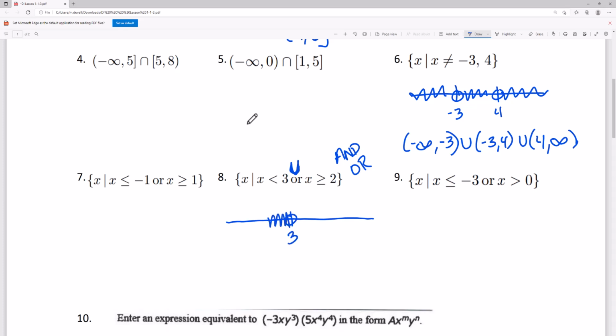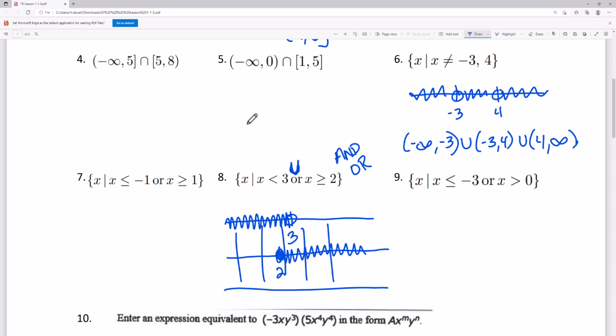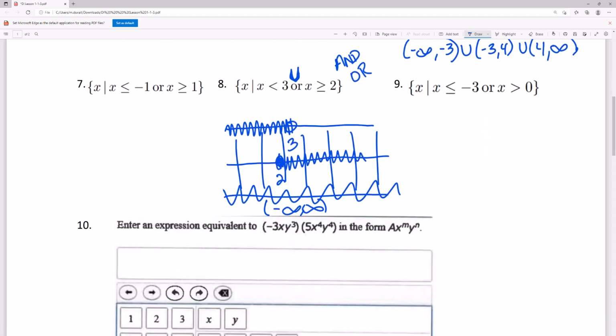So here is x is less than 3. My next one is x is greater than 2. So here's 2. X is greater than that. And so because it's or, it means union. It means combine them together. Everything is going to be shaded. And so therefore it's going to be -infinity to +infinity.